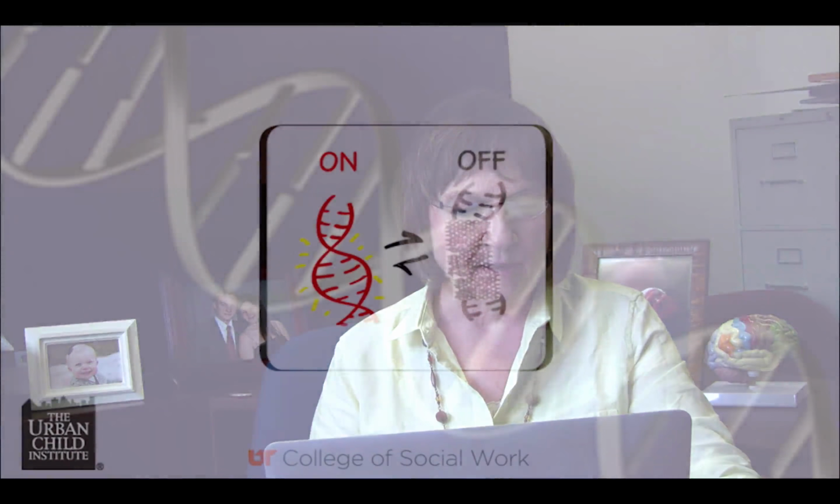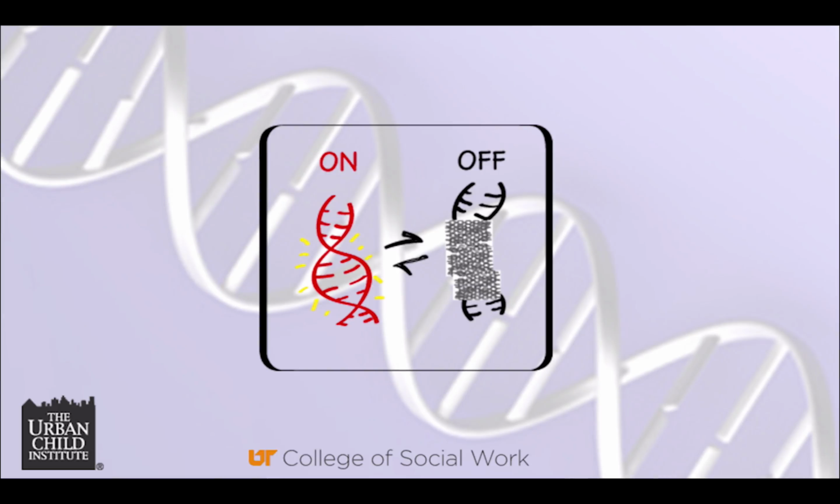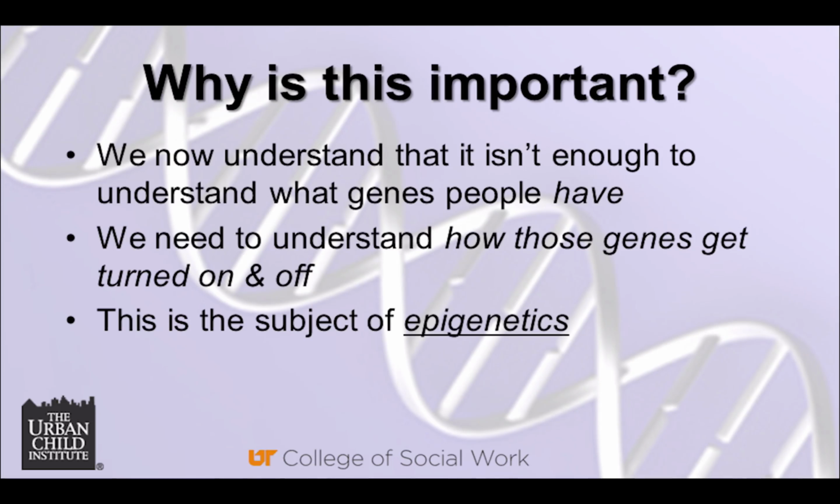So here you see a representation of that. When something causes the chromatin to be bound up more tightly, genes can be hidden from expression. So why is this important? We understand now that it's not just what genes you have. It's what genes get turned on and off by the environment.